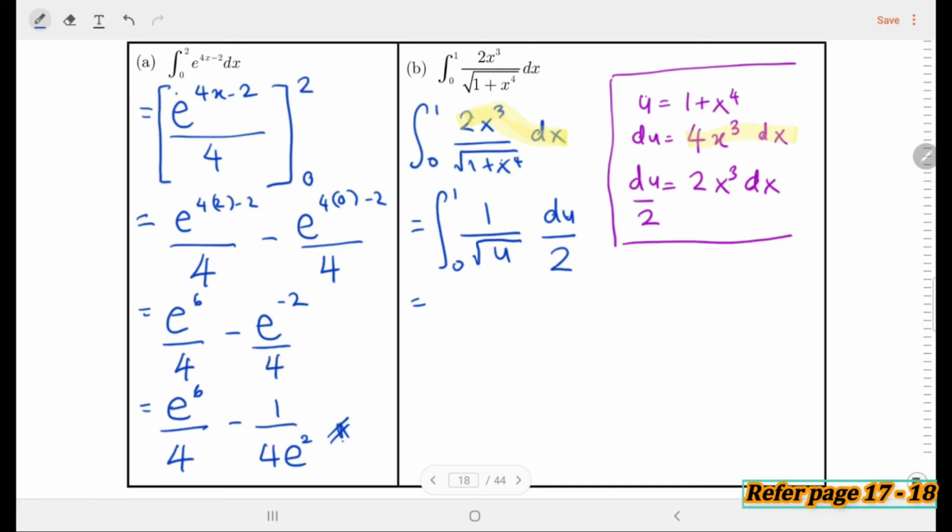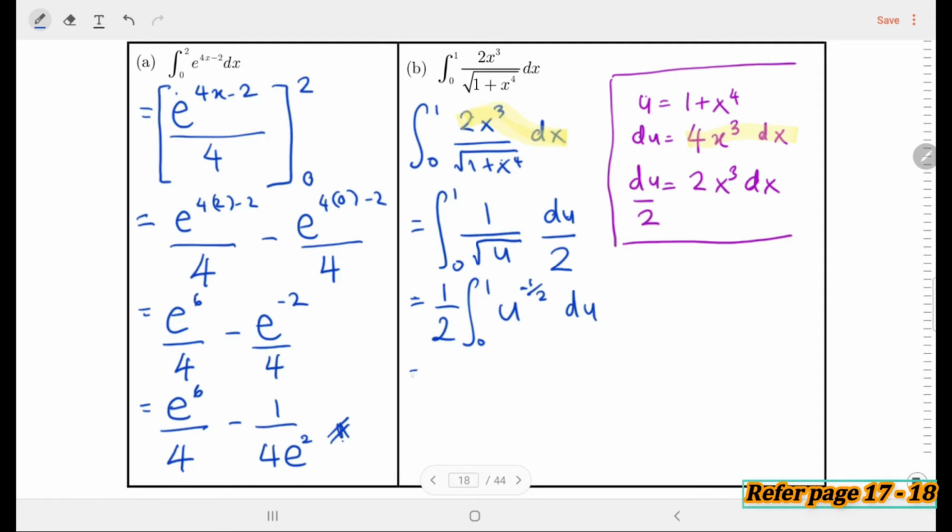To make it easier to solve, I'll put the constant to the front, so it becomes 1 over 2, integral 0 to 1, 1 over square root of u, so I just put u to the power of negative 1 over 2, for me to integrate more easily later, du.